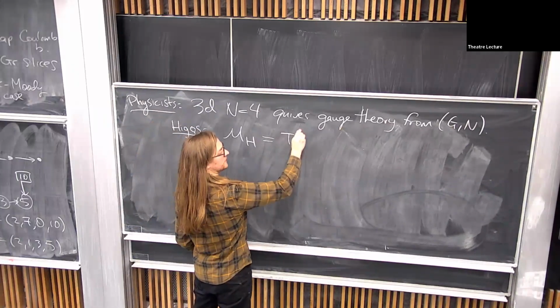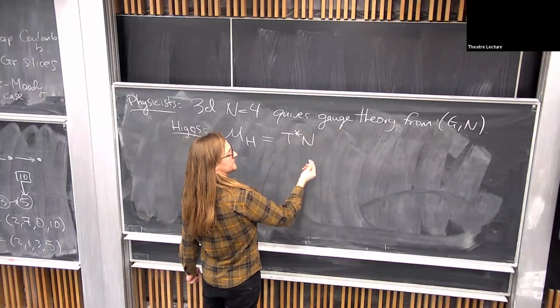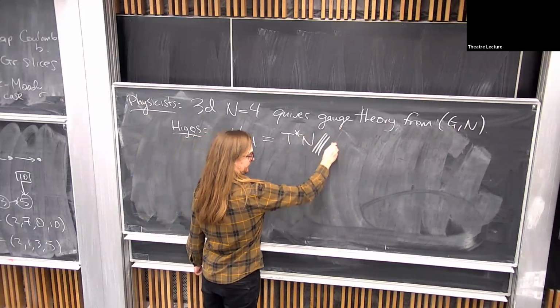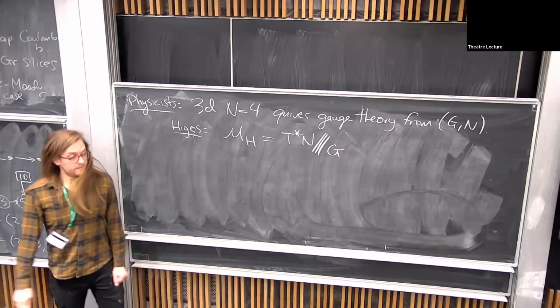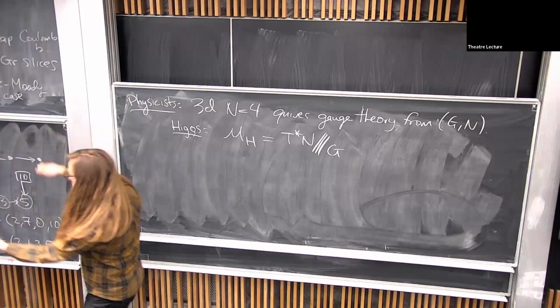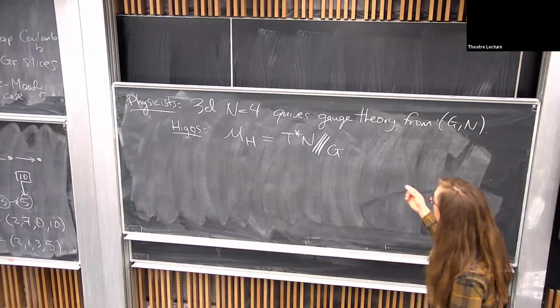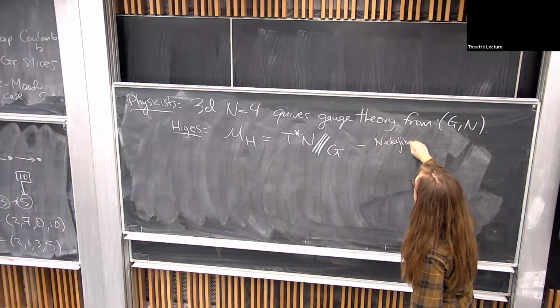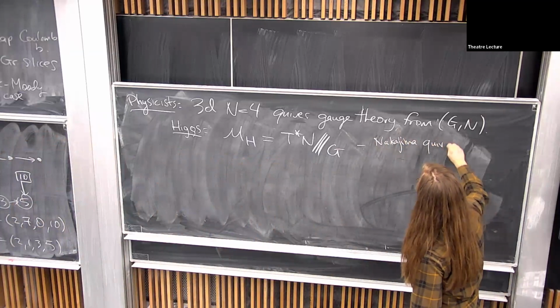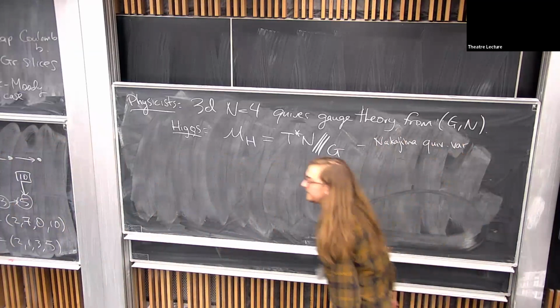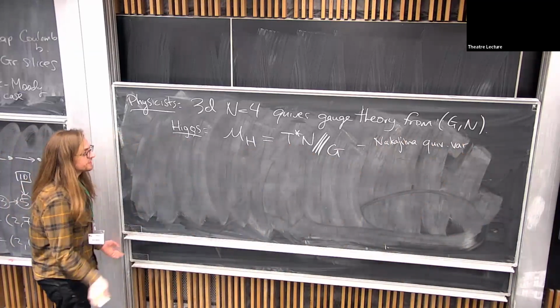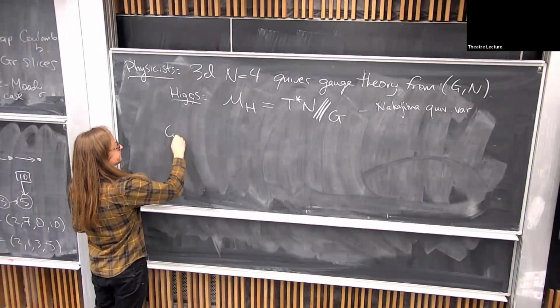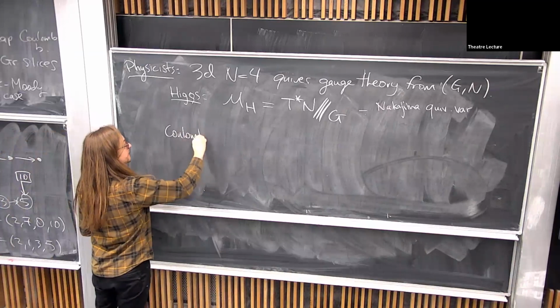This is the cotangent bundle of this representation, Hamiltonian reduced by the group G. In this quiver setup, this is just a Nakajima quiver variety. Very interesting varieties. The Coulomb side is what I'll be focusing on here.